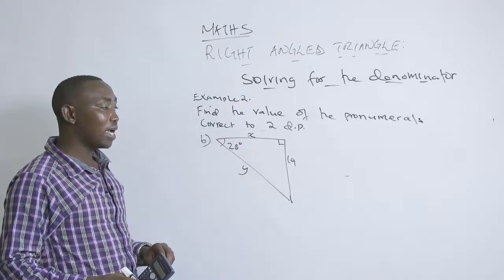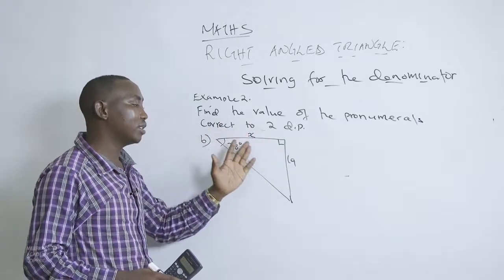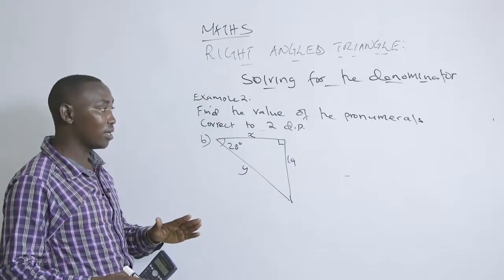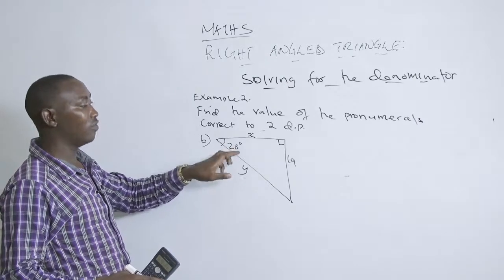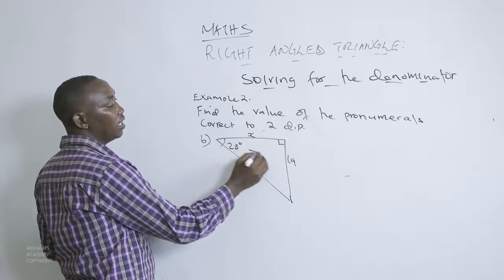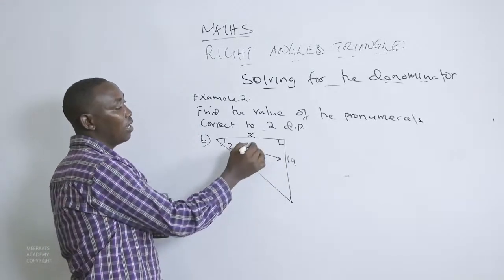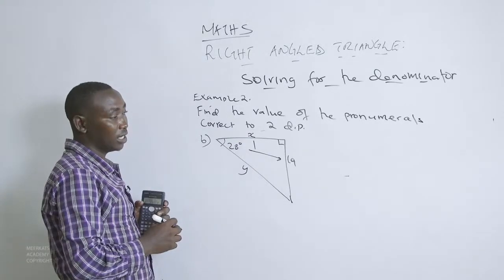For us to be able to get x, it is important to know the relationship that x and 19 hold to this particular angle, 28 degrees. You'll discover that 19 is the opposite side of this angle and x is the adjacent.